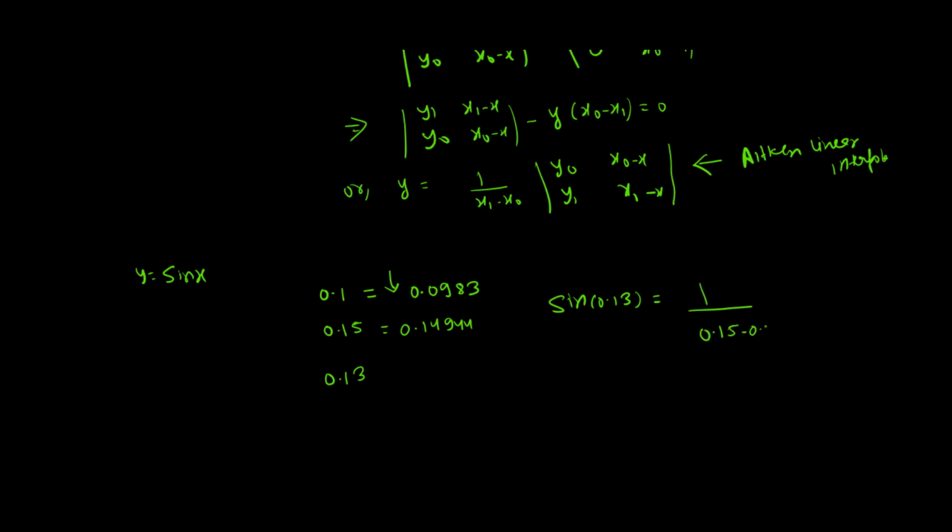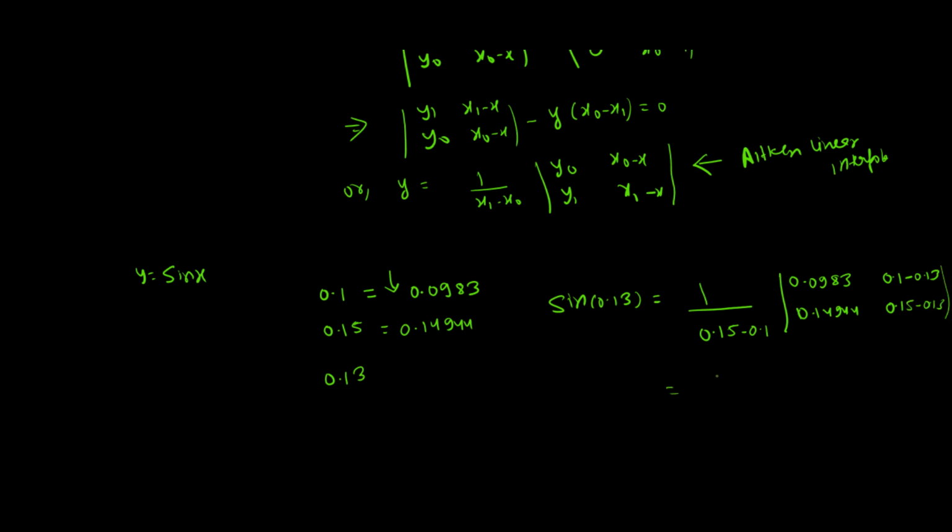So we will calculate sine of 0.13, that is equal to 1 upon 0.15 minus 0.1, and this will be y0, that is my 0.0983, and x0 minus x, that is 0.1 minus 0.13, and this side 0.14944, and this side 0.15 minus 0.13.